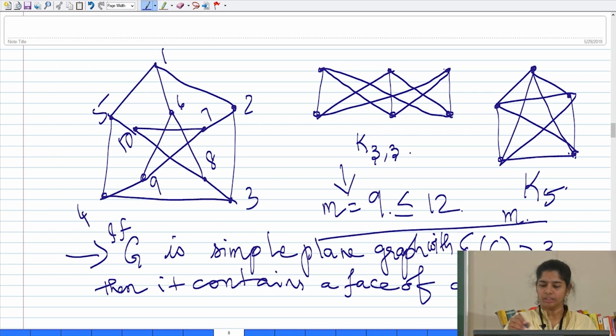Give it a try. There are 6 vertices here, so you need to introduce 4 vertices. You can try introducing one at a time and see whether that subdivision is going to be a subgraph of the Petersen graph. If you can do it, then we can immediately say that the graph is non-planar.